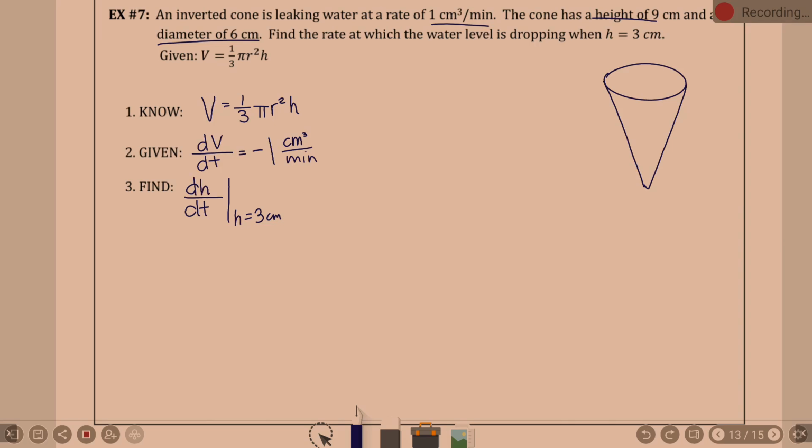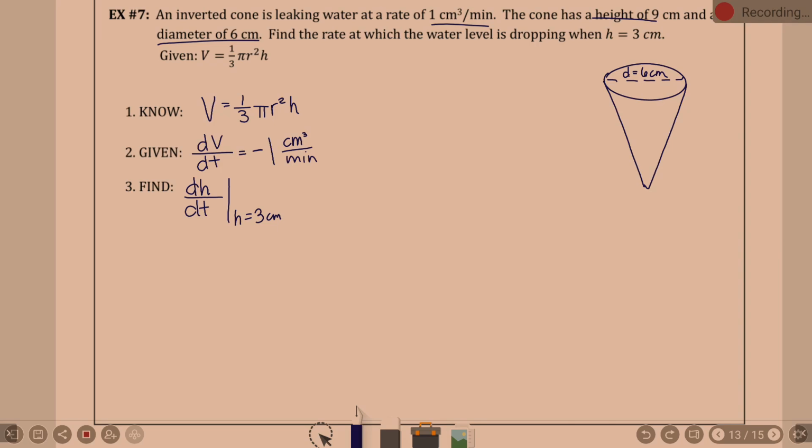I mean, depth, yes. But we don't have depth here. We were given a diameter of 6 centimeters. So can't we write that in the given? We could have, yes, and I didn't. I don't know why I didn't.